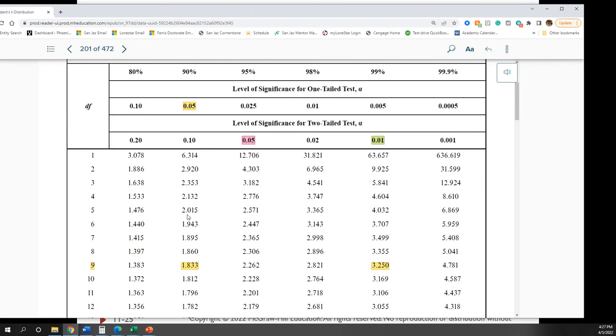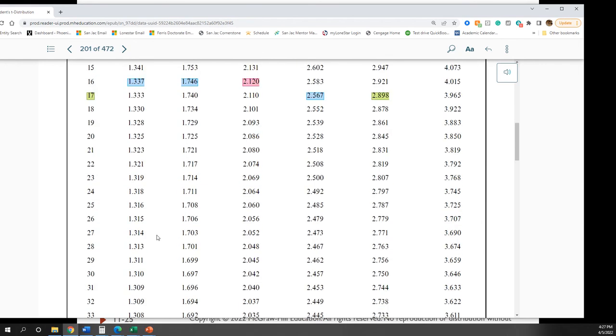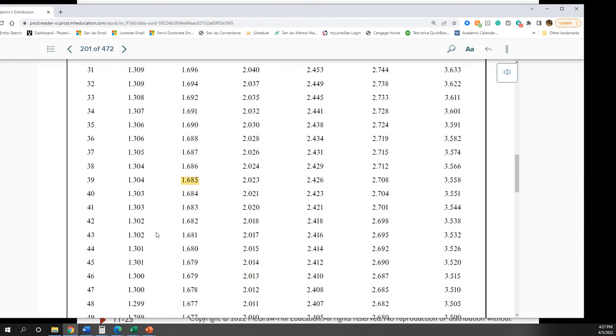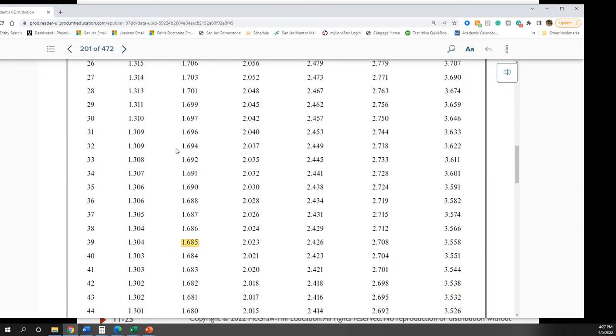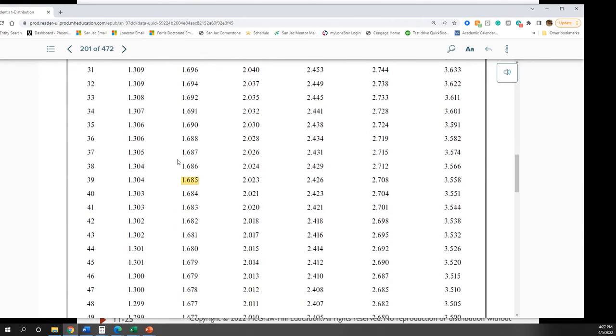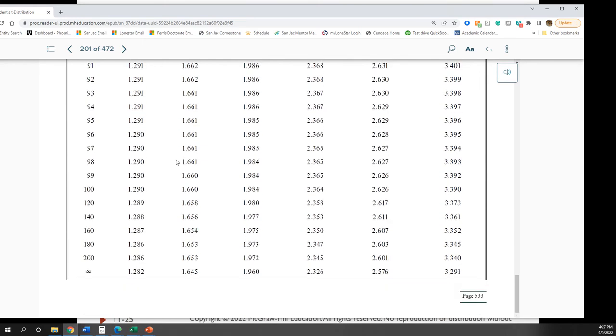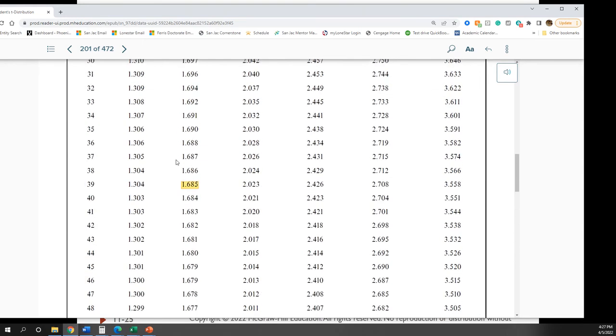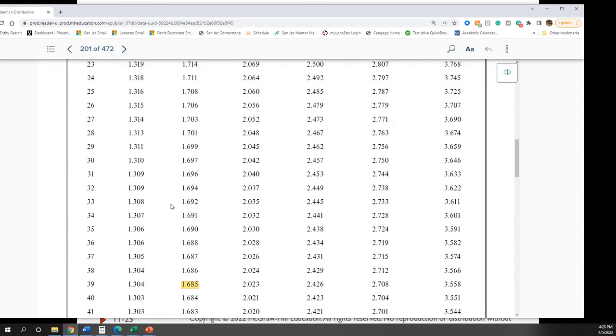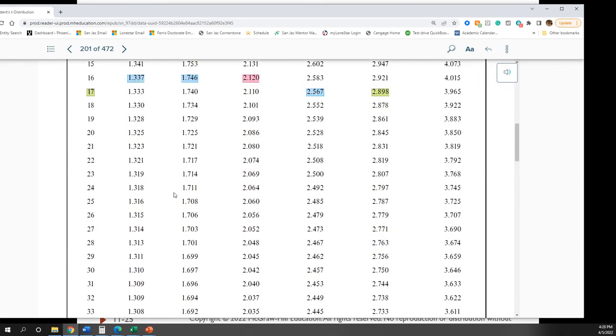And again, since I have 2, we're going to take 16 plus 18 minus 2, so that's going to be 32. Wait, no, we did degrees of freedom.